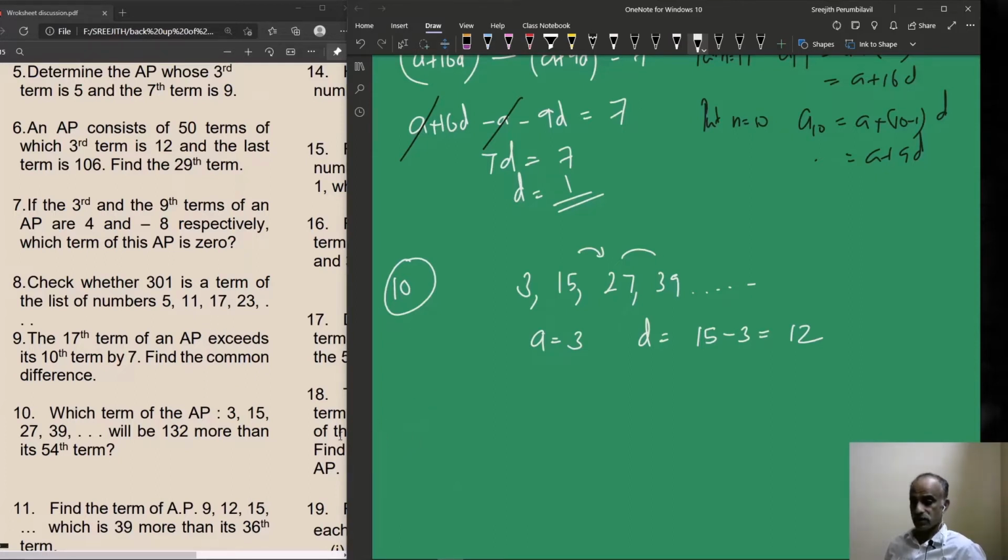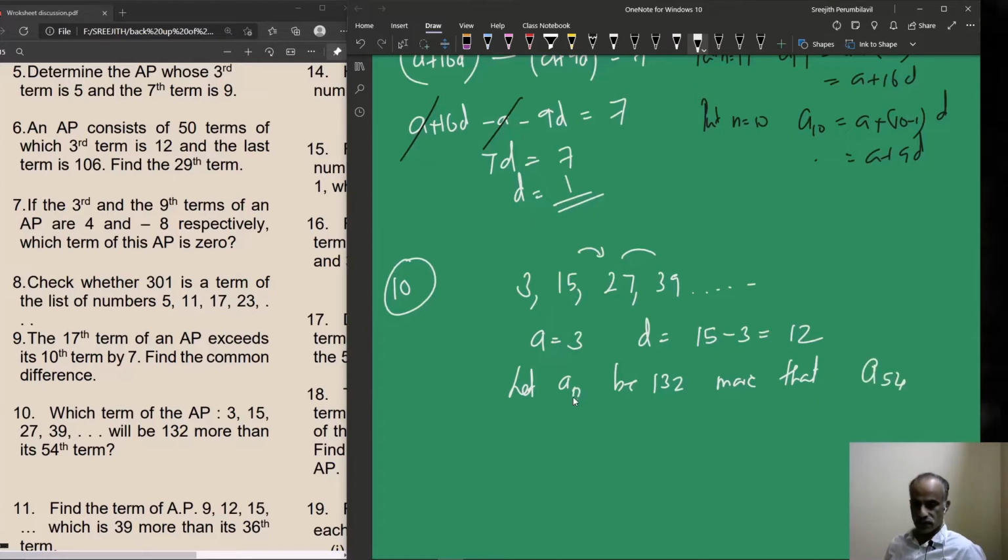Which term is 132 more than the 54th term? Let An be 132 more than the 54th term, A54.